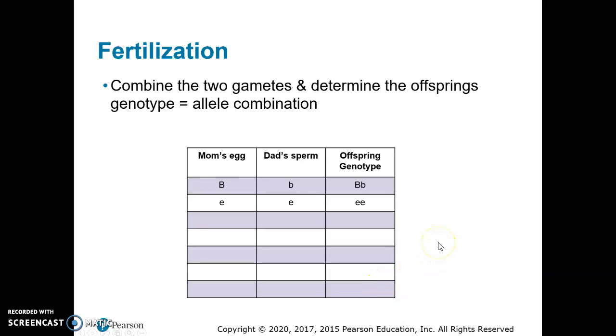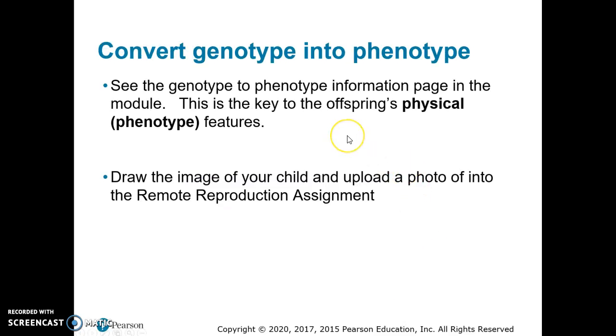Then go into the module, and in the module there's a genotype to phenotype conversion table. You will see what those letter combinations actually mean in regards to the physical expression, the phenotype.